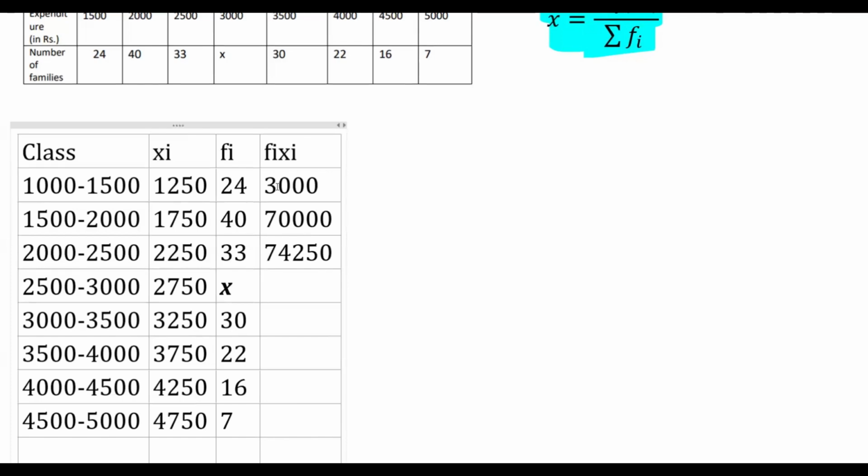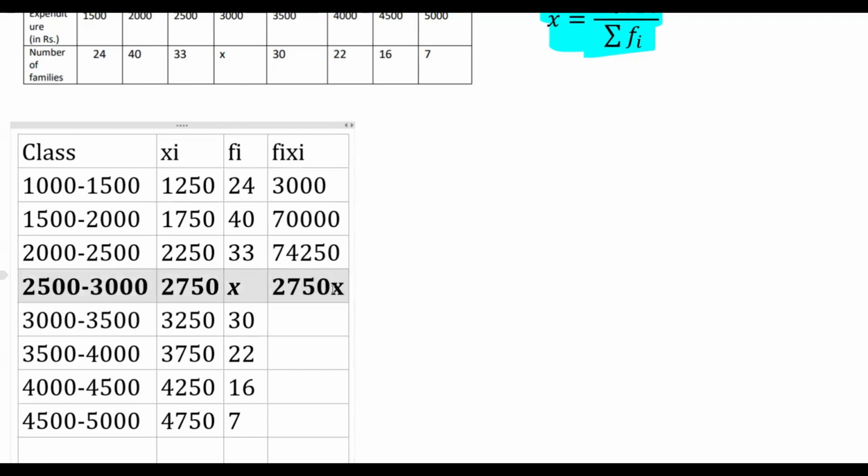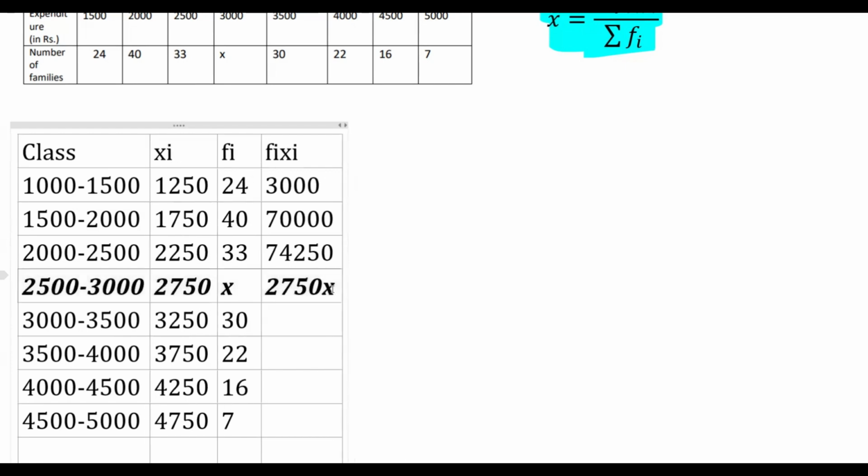And this is what? This is X multiplied by 2750. So it's 2750 times X. I should highlight in this column. The X is what we have to determine. The next will be 9. This is on multiplying.